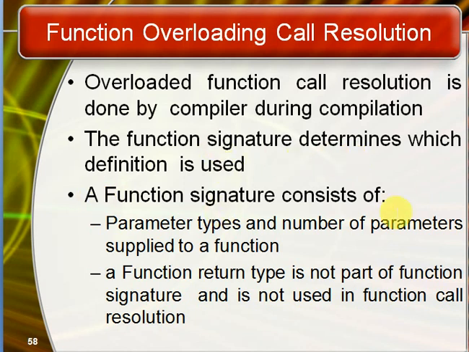A function signature consists of parameter types and the number of parameters applied to a function. A function return type is not part of the function signature. Important point: you cannot overload any function based on the return type of that function, and it is not used in function call resolution.